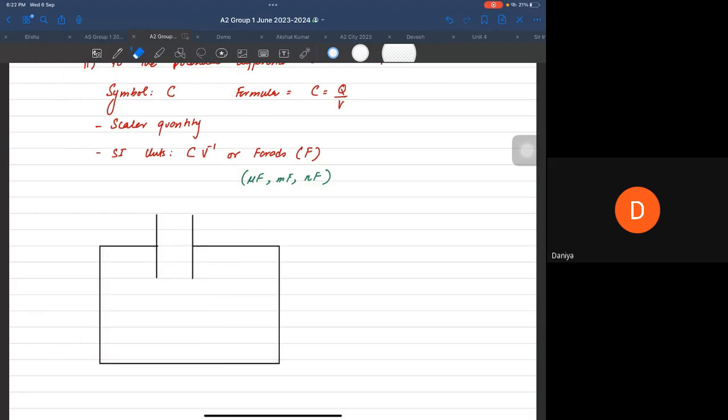On the other end, obviously, we have to connect it with a source or a battery or something like that. So suppose this is the positive terminal, this is the negative terminal, and now we are interested in finding the potential difference across these two plates.